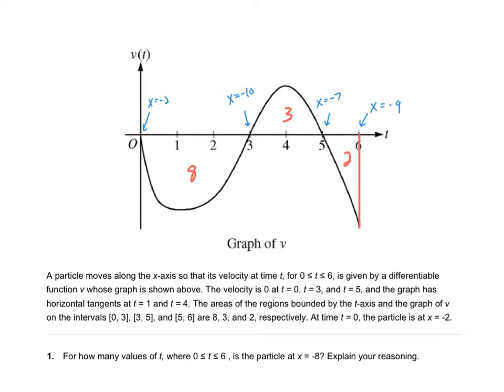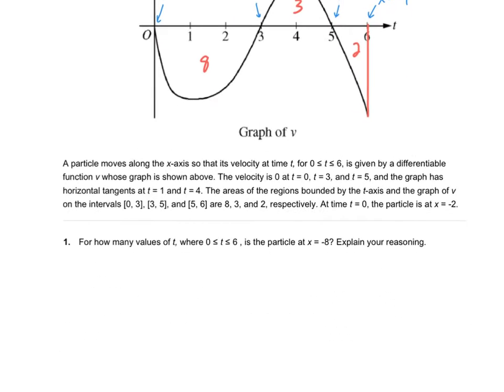One thing, this is a continuous function, so it had to equal negative 8 at some point in between. Same idea at 3: when t equals 3, the particle is at negative 10, and when t equals 5, it's at negative 7. So somewhere between 3 and 5, it must have crossed over negative 8. And same thing between 5 and 6, it must have crossed over negative 8.